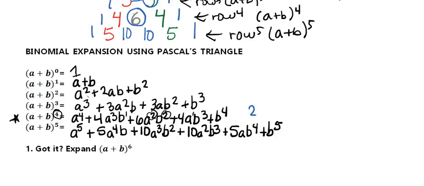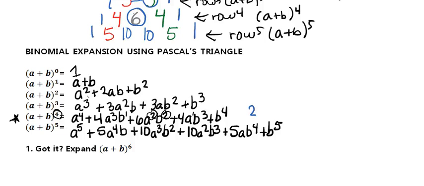The exponents of b increase by 1 in each successive term, and the exponent of b on the first term is 0. It's b to the 0, so it equals 1, and that's why it doesn't show up. And the last term is b to the n.